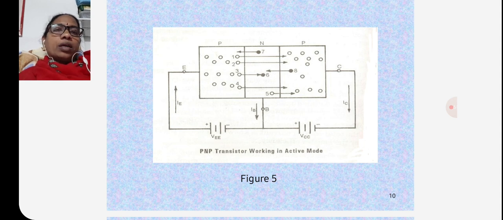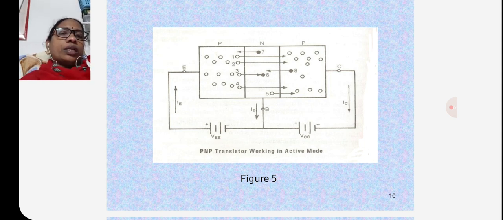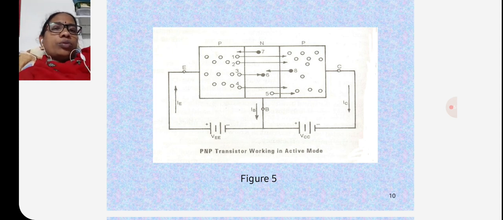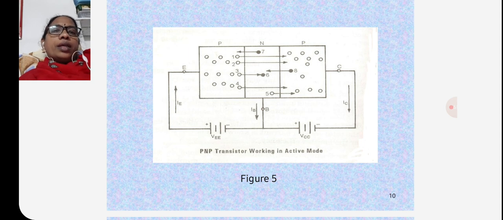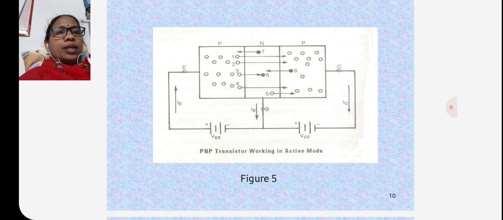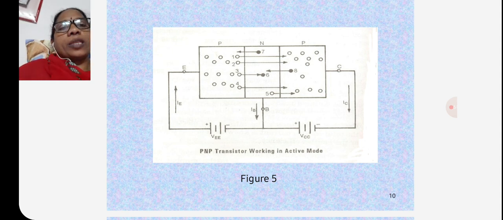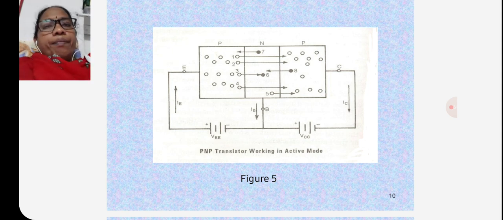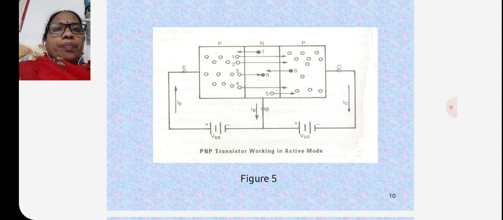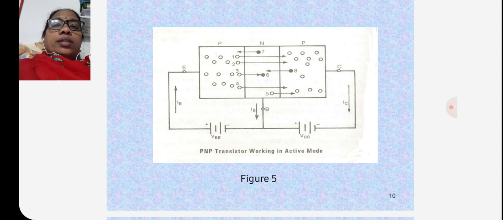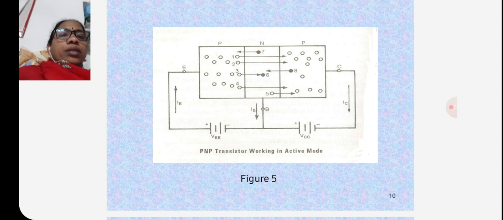It has an emitter voltage and a common collector voltage, with three terminals: emitter, collector, and base. The emitter has the emitter current, the collector has the collector current, and the base has the base current. The current flows from the emitter, and then through the base and collector.